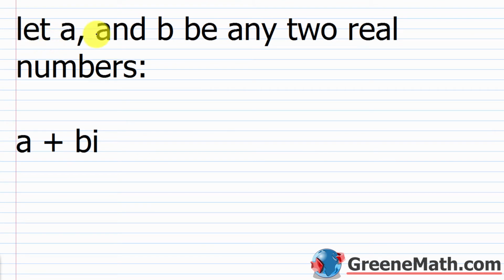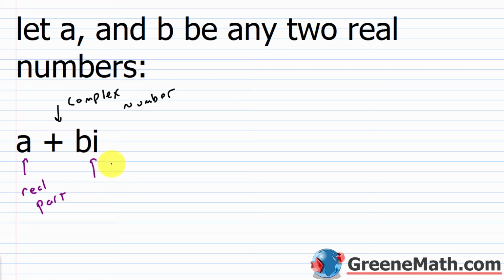They say let a and b be any two real numbers. And we'll see our complex number. So this is known as a complex number, and it's written as a, which is a real number, plus b, another real number, times i, the imaginary unit. So a is referred to as the real part.